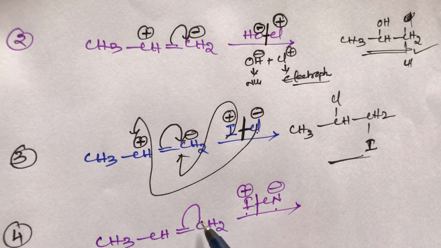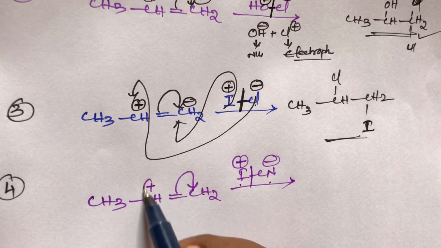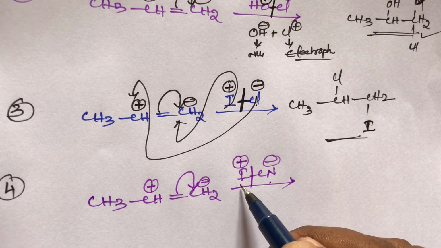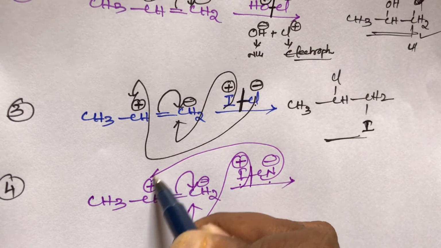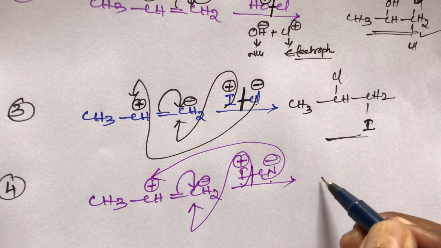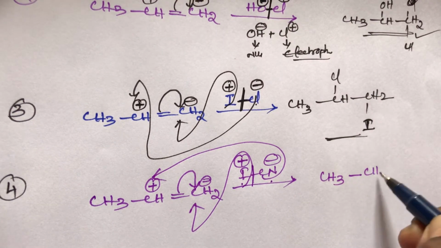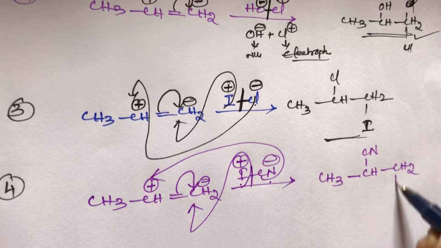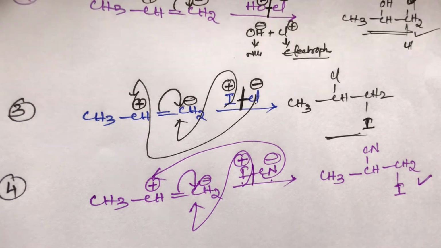Here also the bond shifts towards the right-hand side. This carbon gets positive and this carbon gets negative charge. This I plus will attack this position, CN minus will attack this position. So the final product, students, is CH3 CH CN then CH2 I. It is also an anti-addition reaction, students.